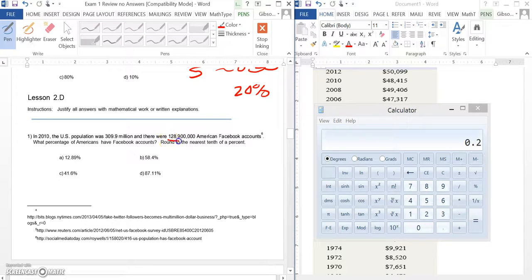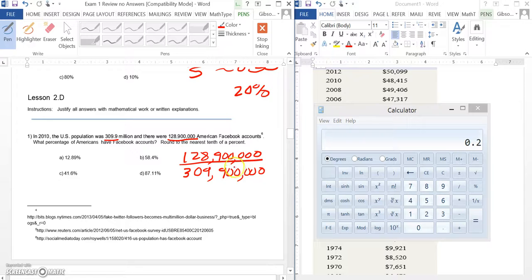So we know that it's 128,900,000 Americans with Facebook accounts, so that would be our numerator. Our denominator we have 309.9 million. We could write that out in expanded form, which is 309,900,000.